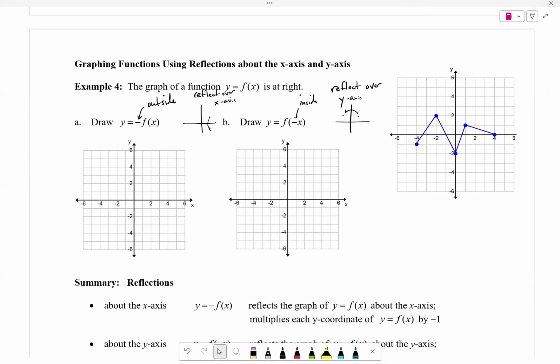Okay, step 1 for A, I'm going to draw my original function dashed. I'm going to do it twice because it's annoying and I want to get it over with. It's annoying, but essential.